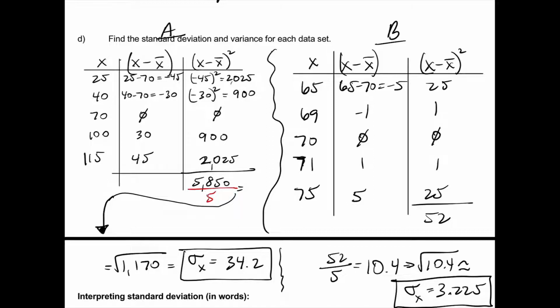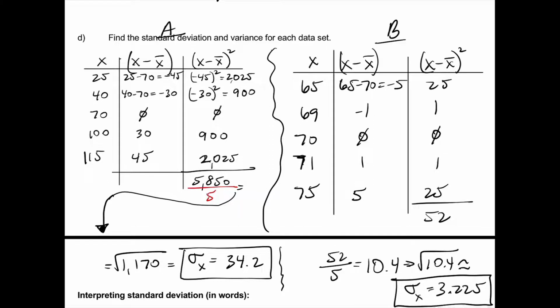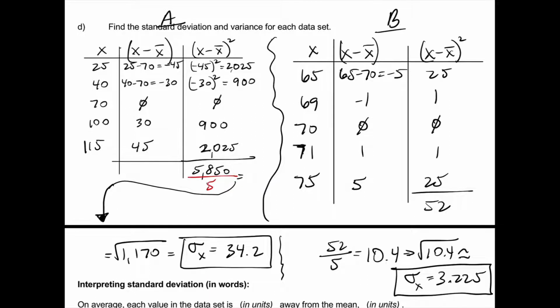So look at the standard deviations. One is over 34, and one is over 3. One's a lot bigger than the other. Here's a test question I would ask you. My list A, the standard deviation's 34.2. Give me a number that would make that go down. Any number. Big, small, fraction, decimal.